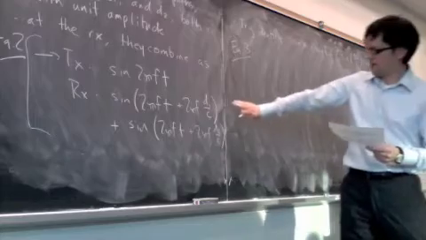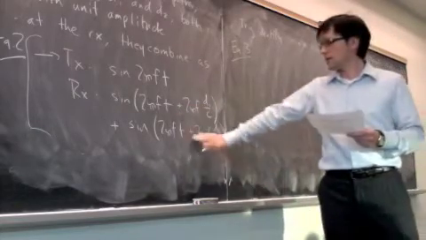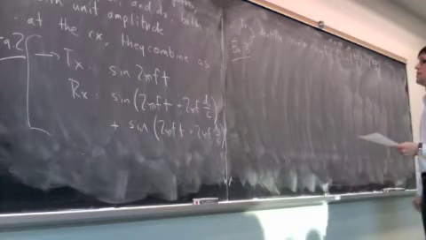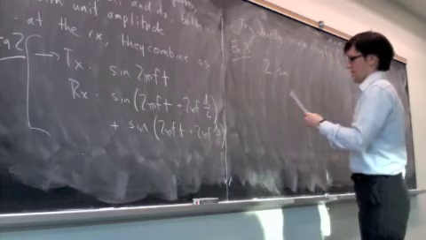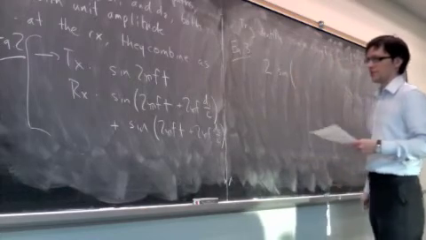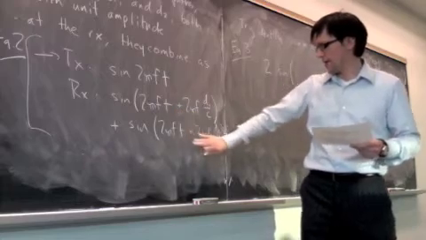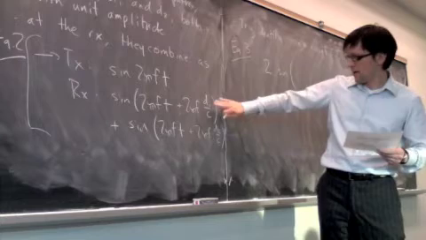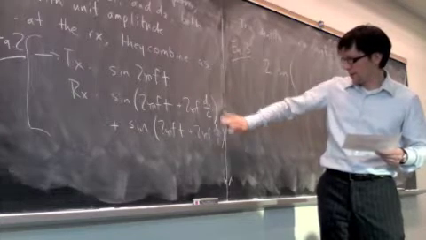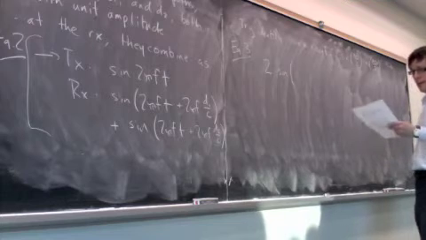We have sine A plus sine B. So we end up with 2 sine, okay, what's A plus B? We would have 4 pi ft plus 2 pi f d1 over c plus 2 pi f d2 over c, divided by 2.